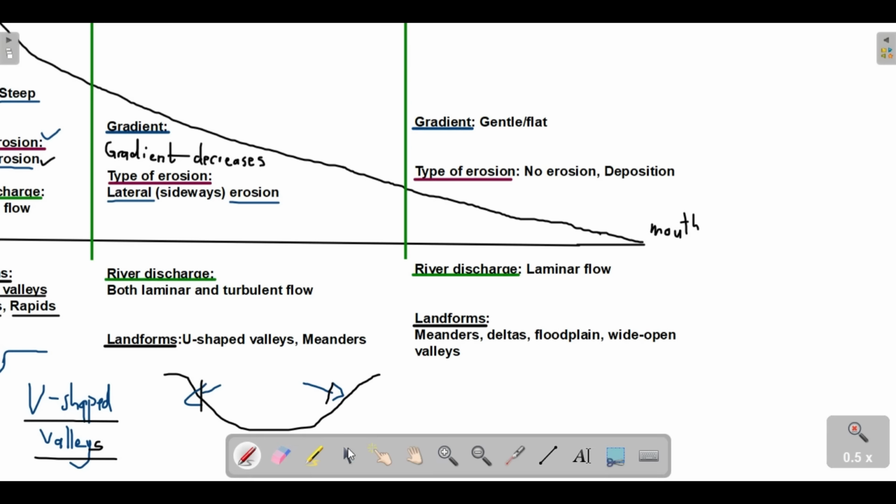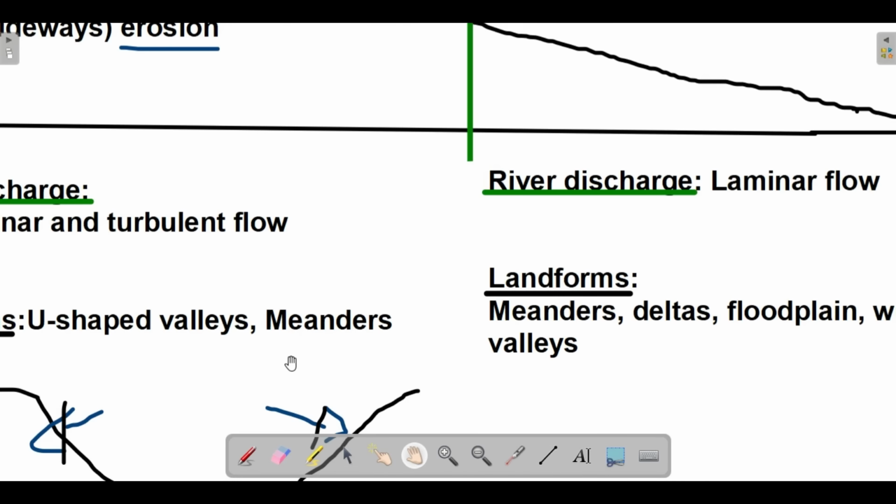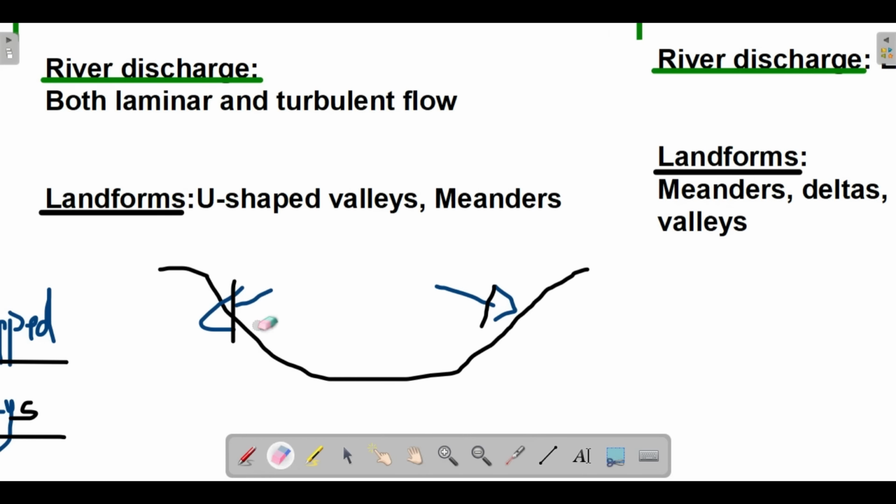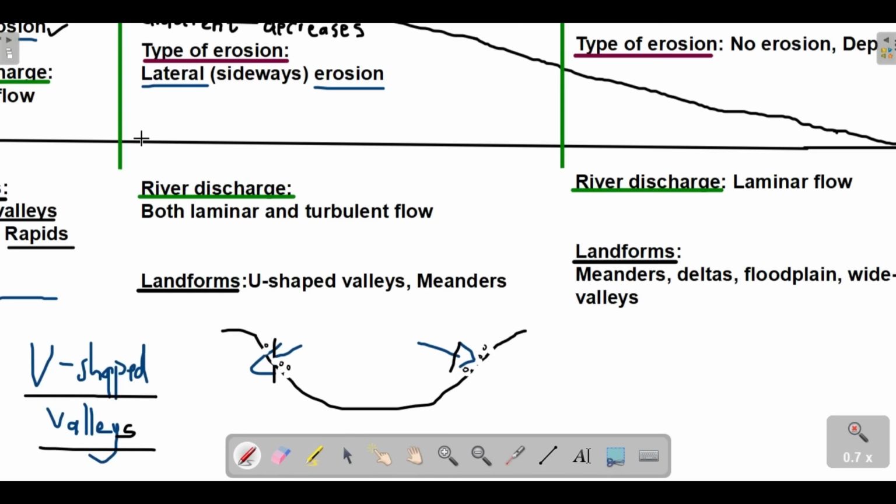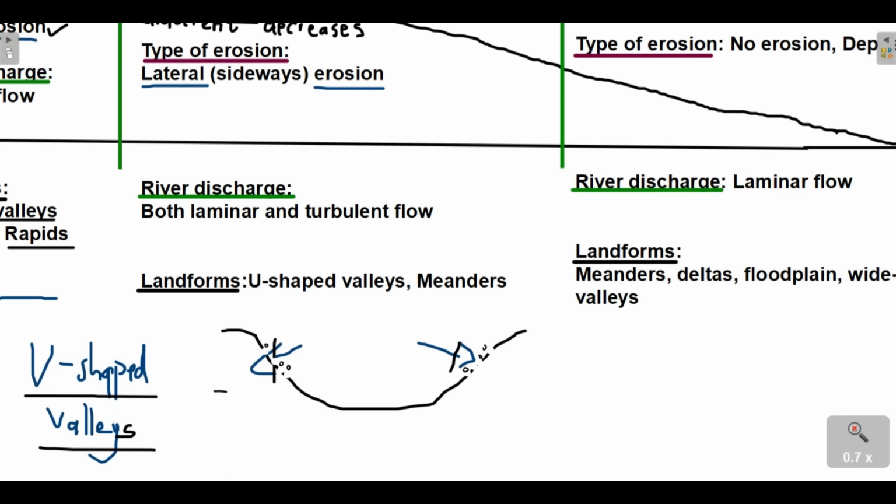So now we remove material from the sides, such that the sides retreat and the river channel grows wider and wider. It goes back because the water is eating out the material from the sides.